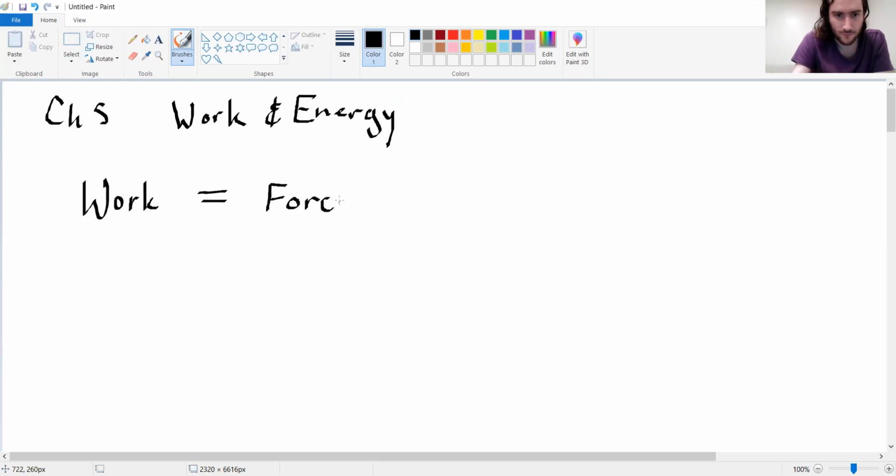So the way we write that down in physics is it's a force times displacement. And we'll refine this as we go through, but this is just the quick introduction to work here.